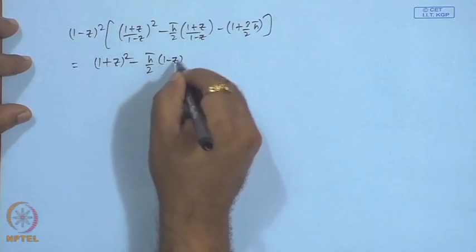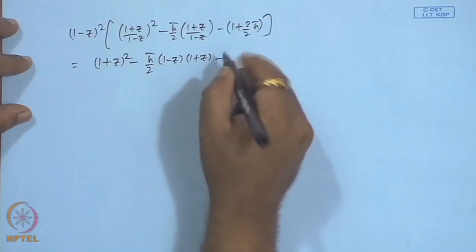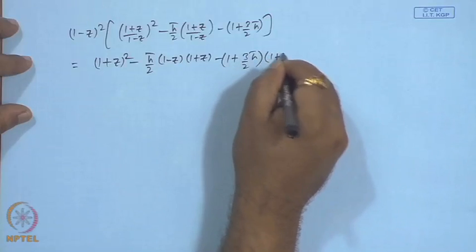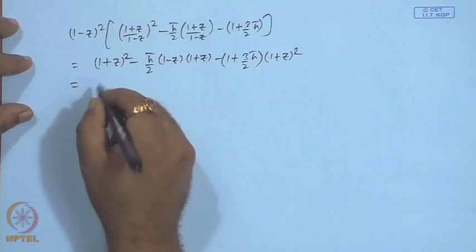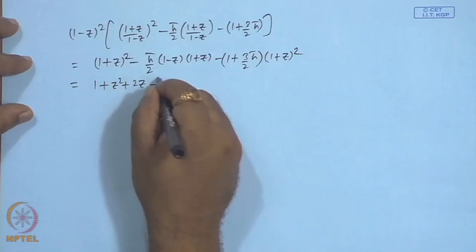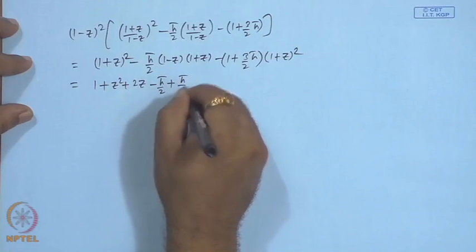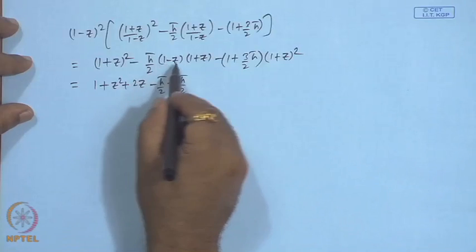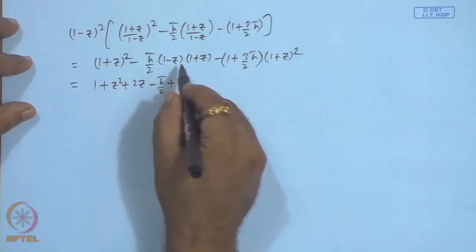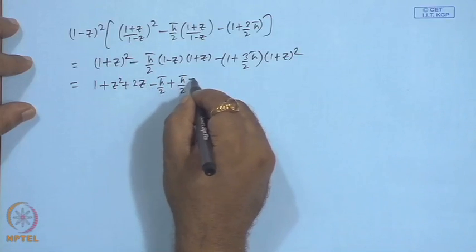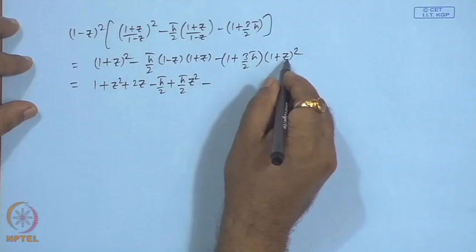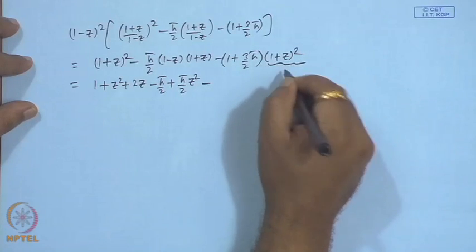So, 1 minus z square, so minus h by 2 z square, and this is the usual expansion.